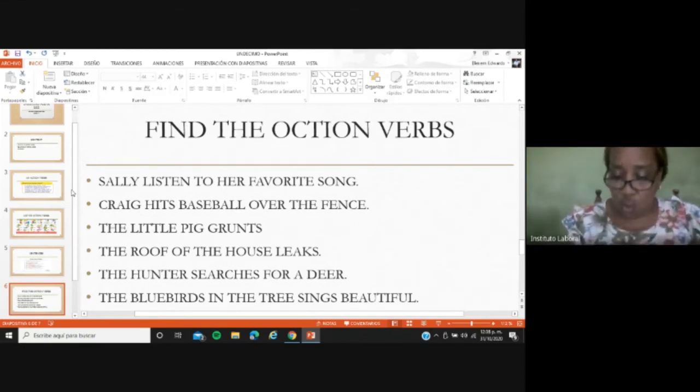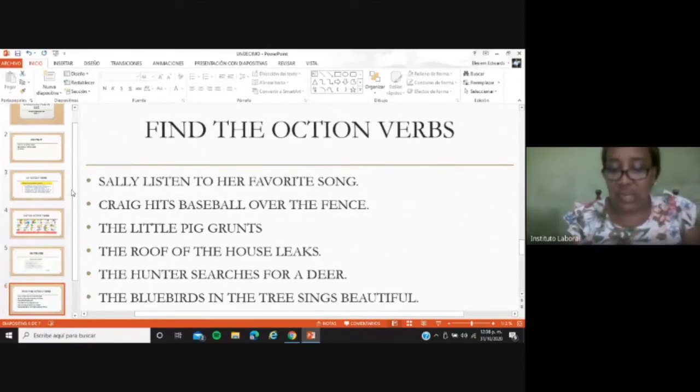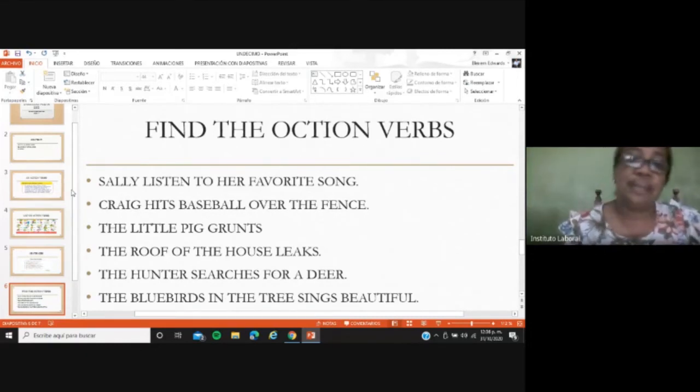Entonces, tenemos otra práctica aquí. Write sentences with each of the given nouns using the action verb above. We have I. What word can we use from page 18? ¿Qué verbos de acción podemos utilizar para completar las 7 oraciones que tenemos aquí en la página 19?